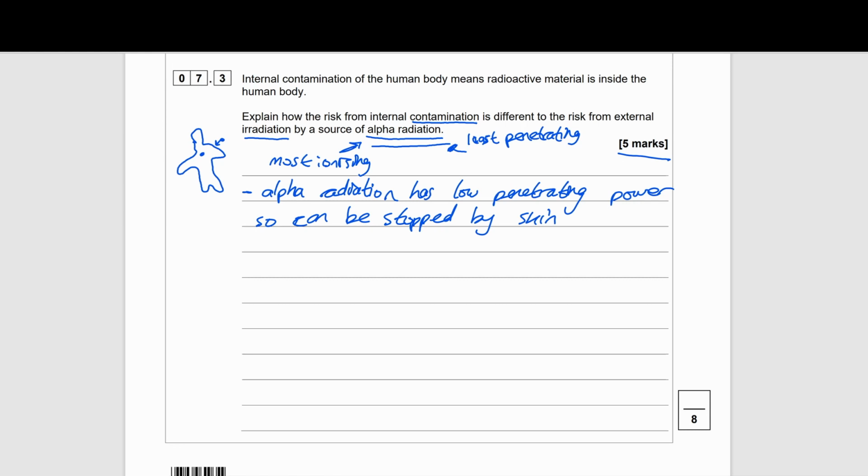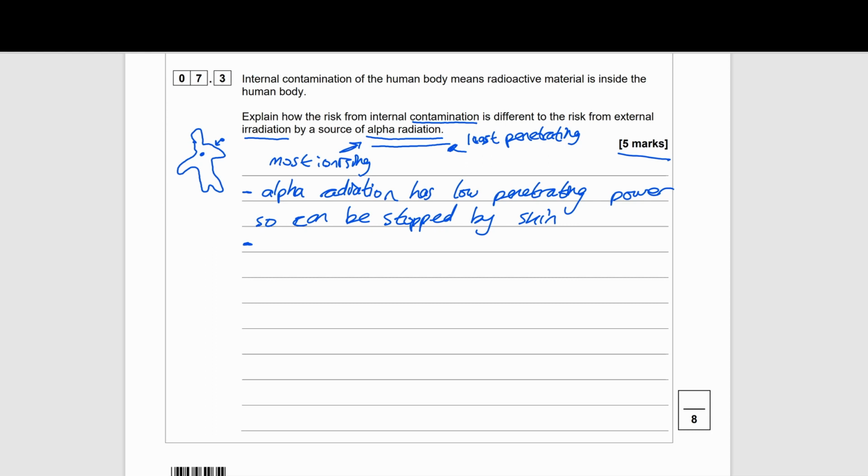Well, because of that then, the damage to our body will just be really to the skin, which is not too bad. Let's compare that then to if we've got internal contamination. So for example, if we were to consume something that was emitting alpha radiation, well, we can't worry about skin anymore because it's past that. So we're then thinking about what's inside of us, our body, which is our organs, which is made from tissue.